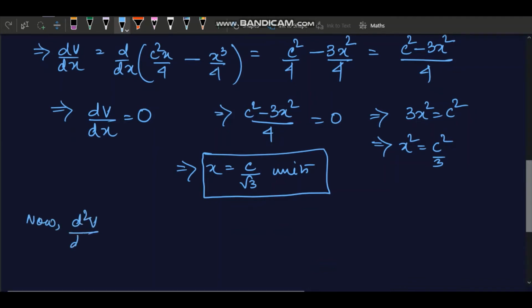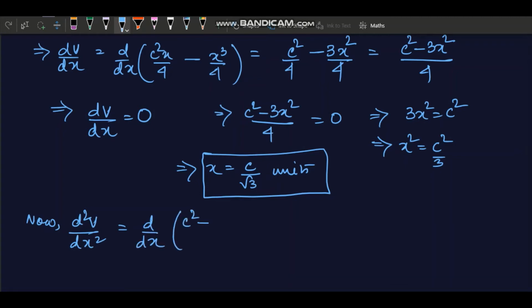Now d²V/dx² is nothing but the derivative of the first order derivative. So it is the derivative of (c² − 3x²)/4. So we can take 1/4 out because it is constant. So we have 1/4 into d/dx of (c² − 3x²).